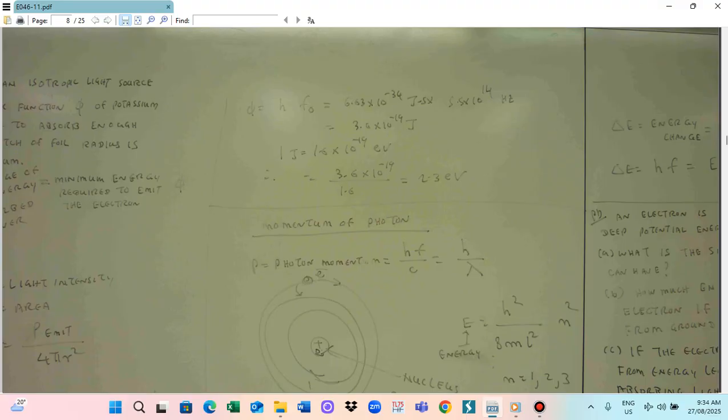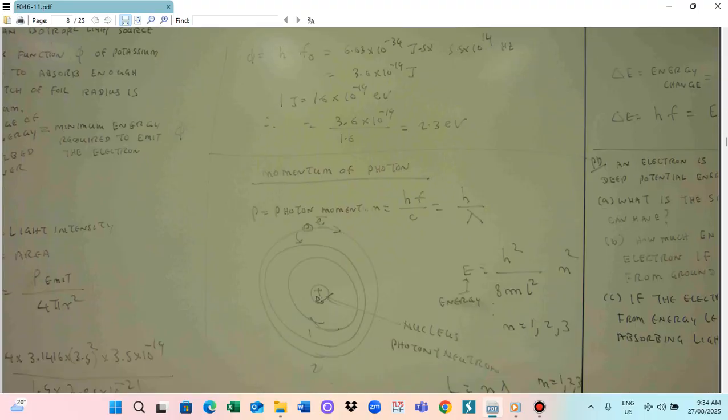One joule is 1/6 into 10 power minus 19 electron volt, so dividing 3.6 into 10 power minus 19 by that gives 2/3 electron volt. So this is the energy required to be absorbed by the potassium, phi, to emit the electron, and the time requirement is 1/3 hour.